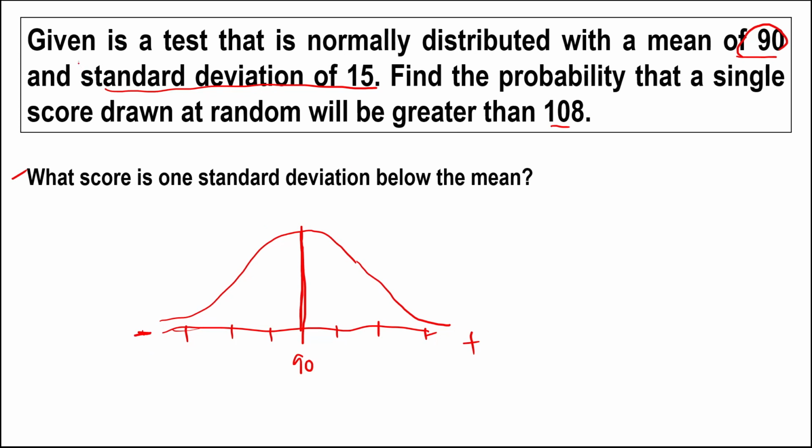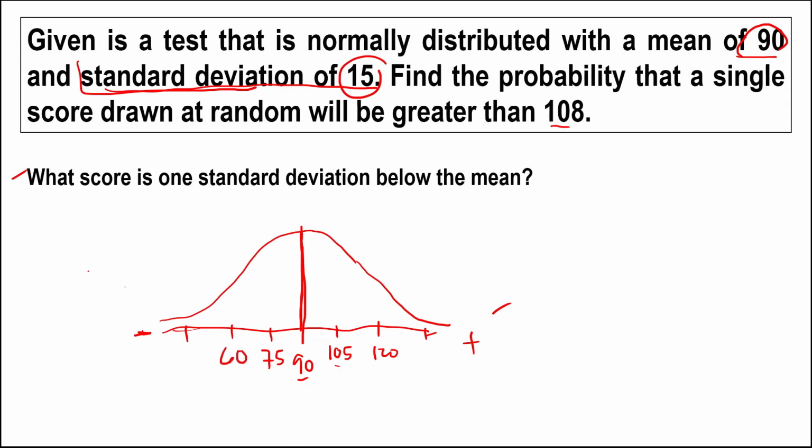Since the standard deviation is 15, on this side plus 15, so 90 plus 15 is 105. 105 plus 15 is 120. Then on this side, minus 15. So 90 minus 15 is 75. Minus 15, this one is 60.